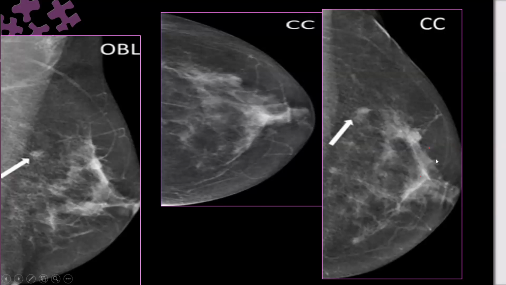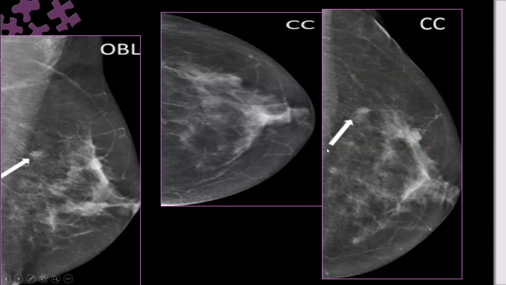The appearance is the same as the CC view, but look at the nipple and divide the posterior nipple line here. Look at the medial portion relative to the lateral portion. Which one is larger? The lateral. And look at the pectoralis.